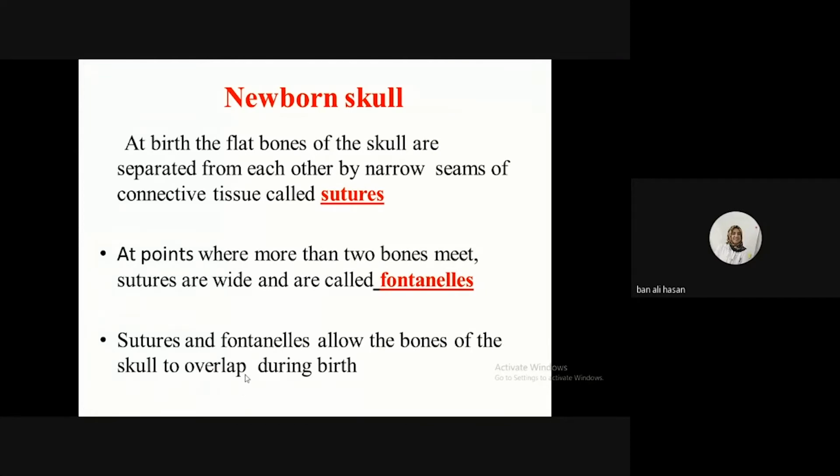Mesenchyme cells are derived from the neural crest cells, and this means these mesenchymal cells have an origin from neural crest cells and paraxial mesoderm at the same time. Then this will encircle the brain and form most of the flat bones of the skull.